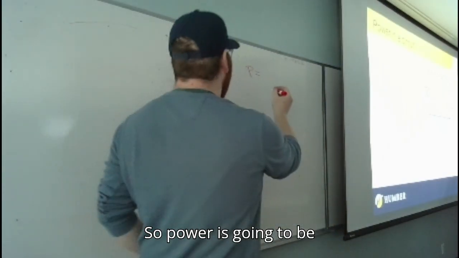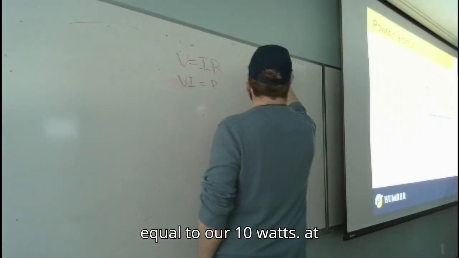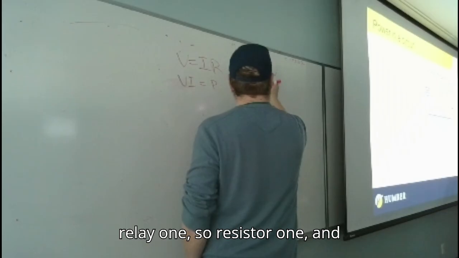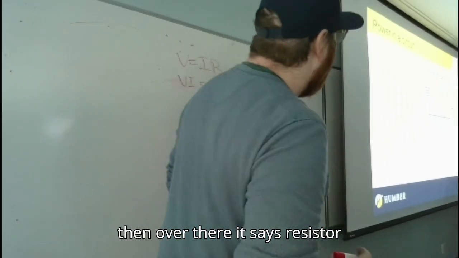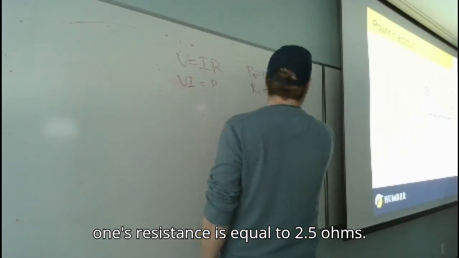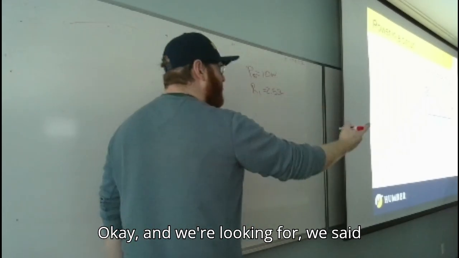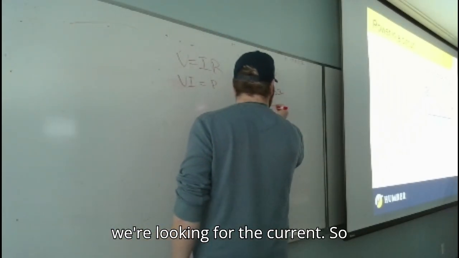So power is going to be equal to our 10 watts at resistor 1. And then over there it says resistor 1's resistance is equal to 2.5 ohms. Okay, and we said we're looking for the current.